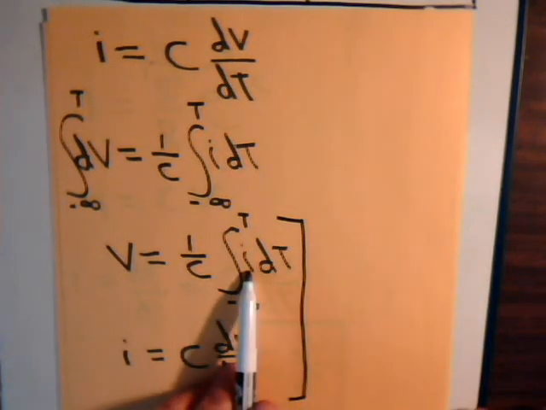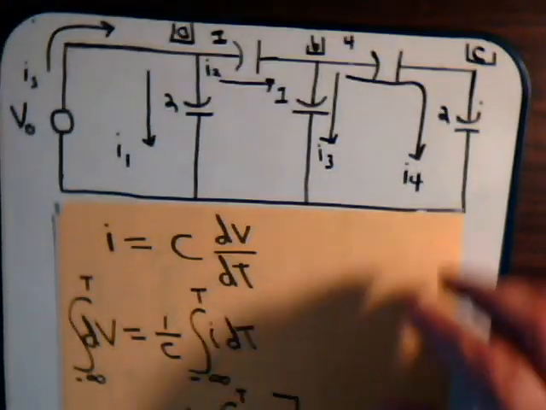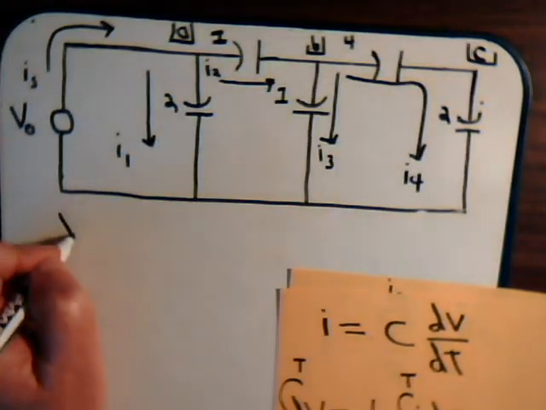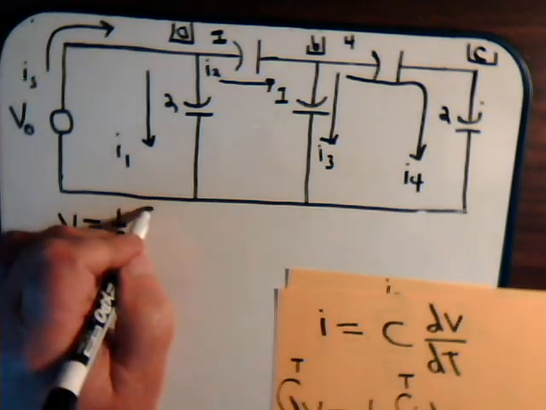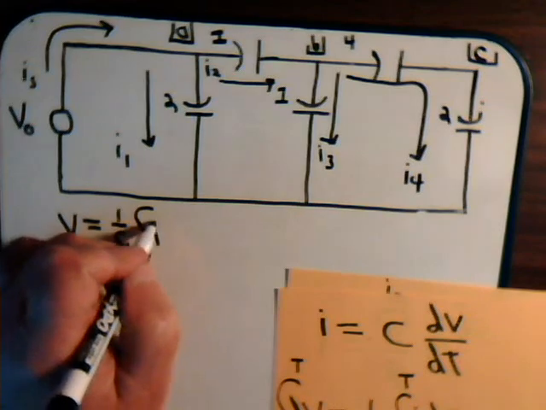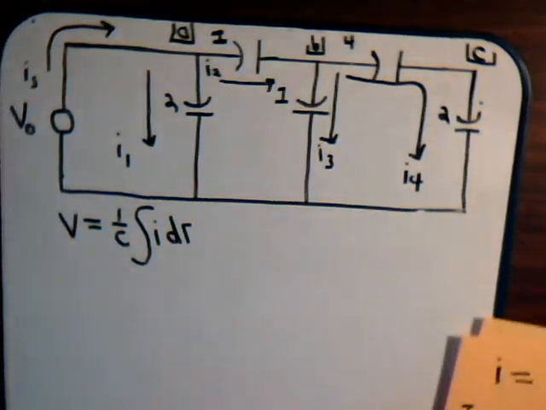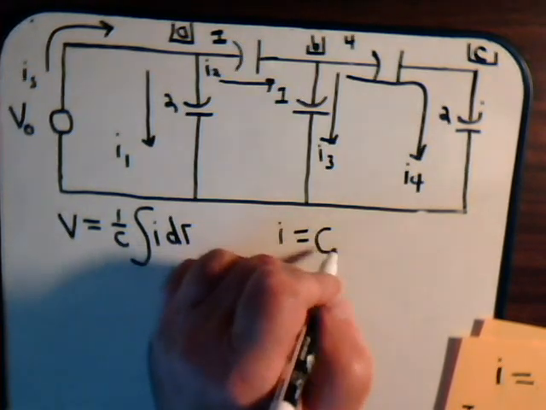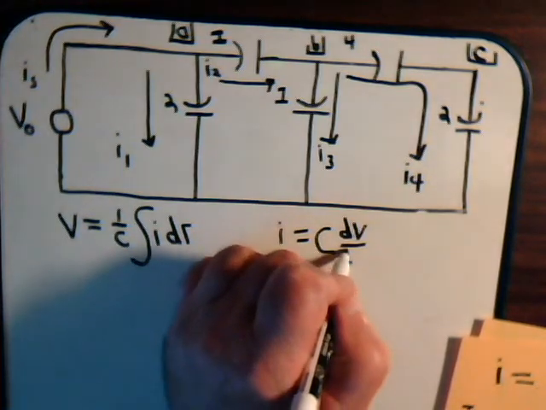remembering that by no means is the current a constant value. It's continuously changing over time. So let's write these down. V equals 1 over C integral of I dt, and I equals C dV dt.